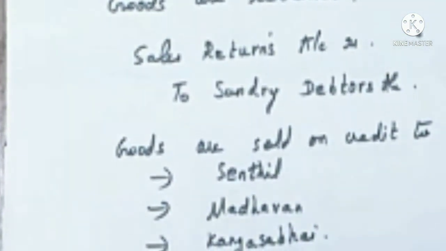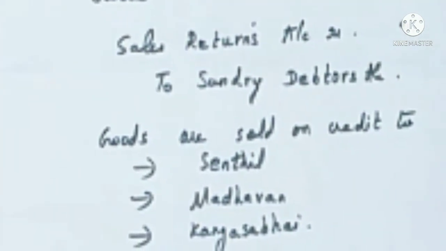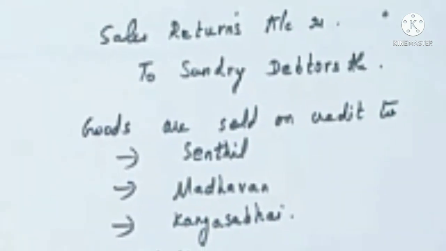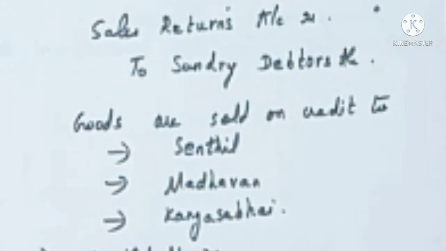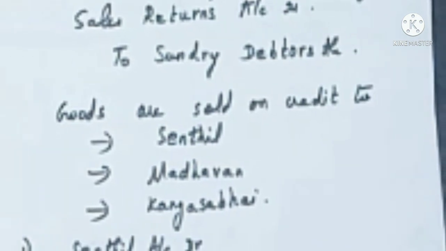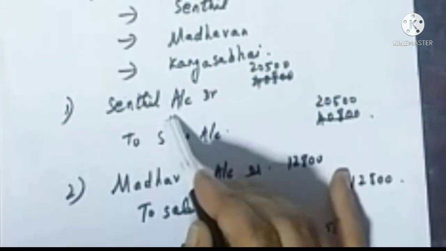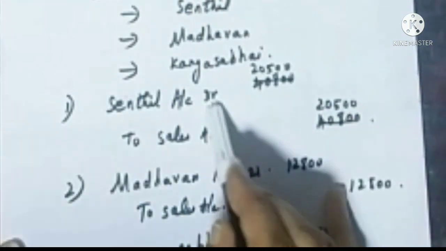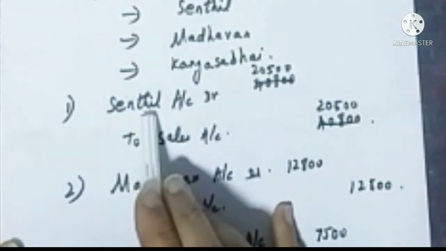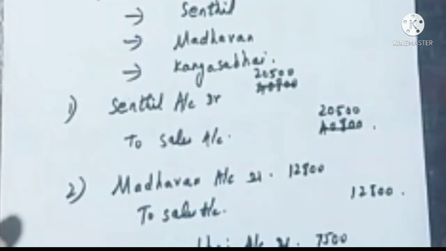Next, we are going to prepare Senthil ledger account. Senthil account is debited, so we are going to write it on the debit side to sales account. Amount is rupees 20,500 because the goods are sold on credit for rupees 20,500. Because Senthil account is debited, the goods are sold to Senthil for rupees 20,500.